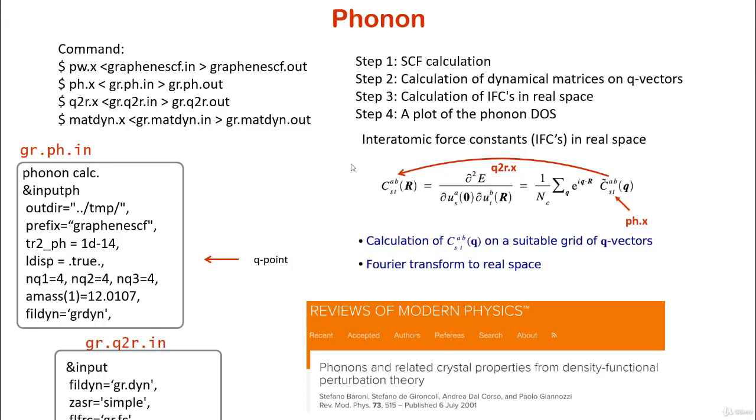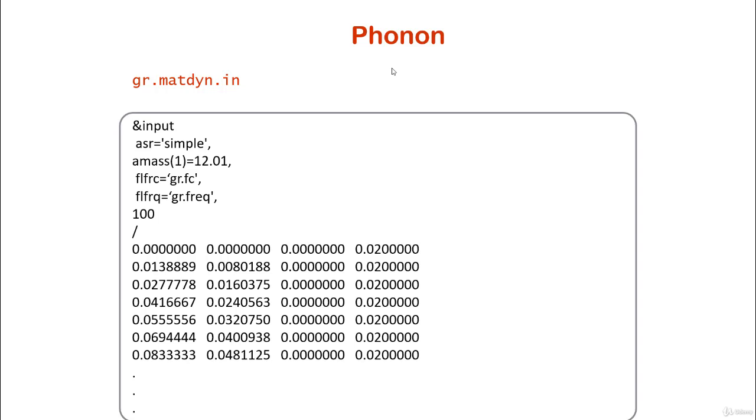In the fourth step, we should calculate all phonons from the dynamical matrix given the force constants. To do this, we create an input file. In the input file, we define the ASR to be simple. This indicates the type of acoustic sum rules. We define the atomic mass to be 12.01.